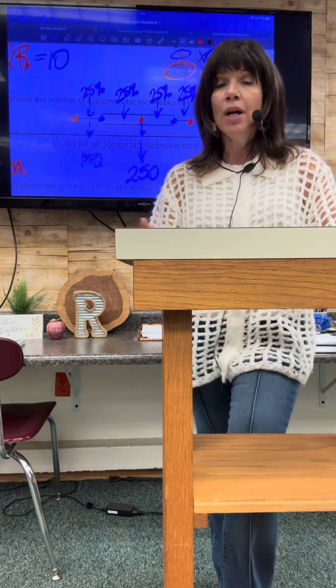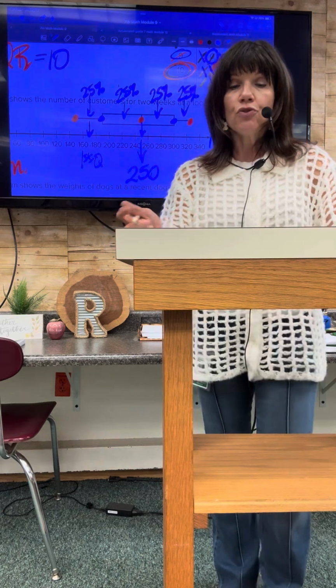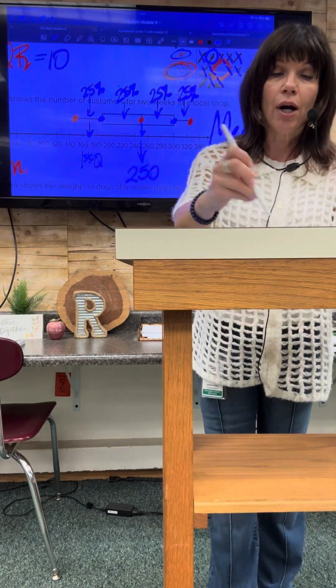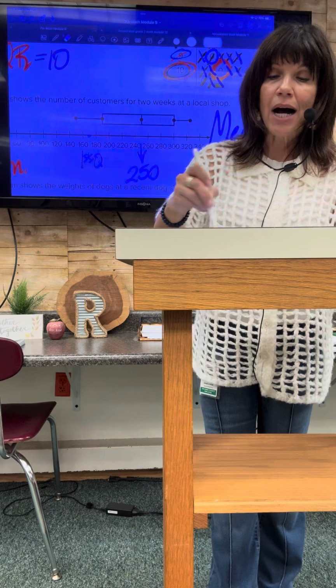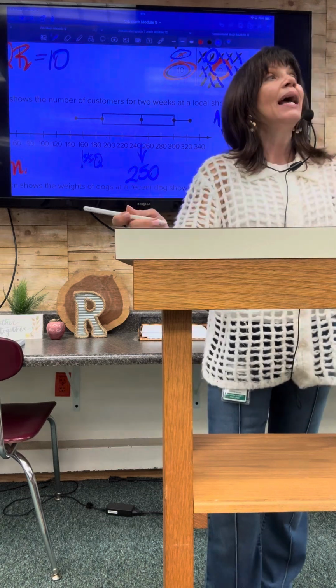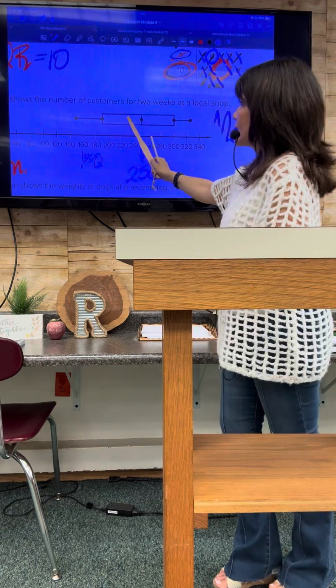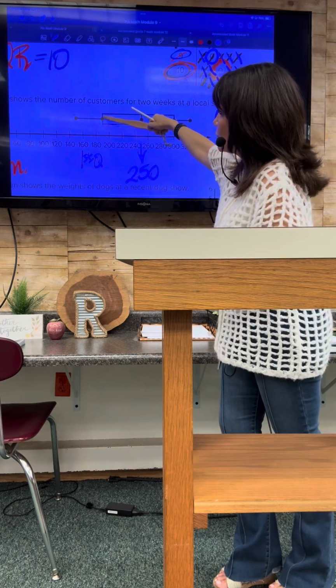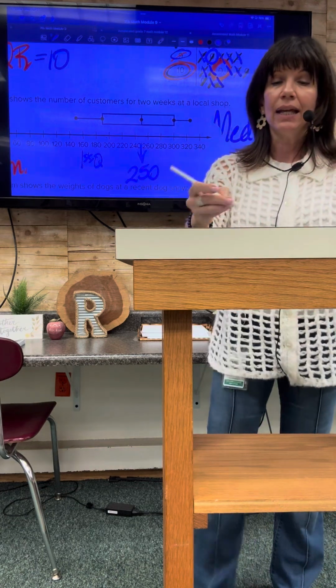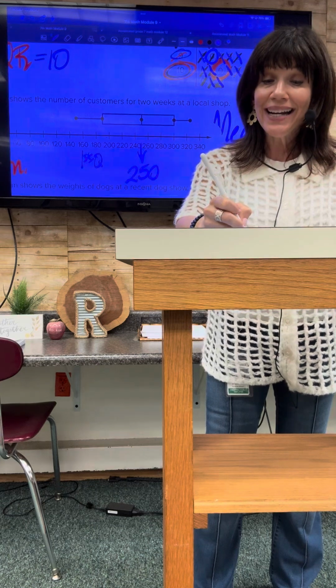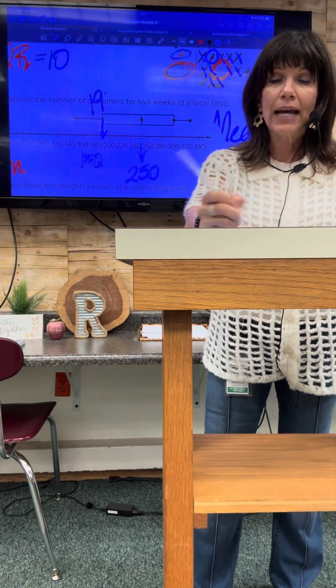IQR is part of my answer, but I need to find the value. So where does the IQR begin on my box plot? It begins at the beginning of the second quartile. First quartile, second quartile. What amount does that appear to line up with? Say it. 190. Excellent. So write that amount down.